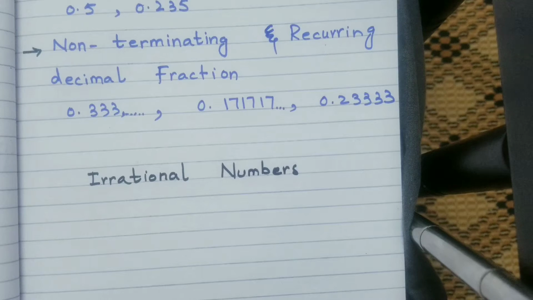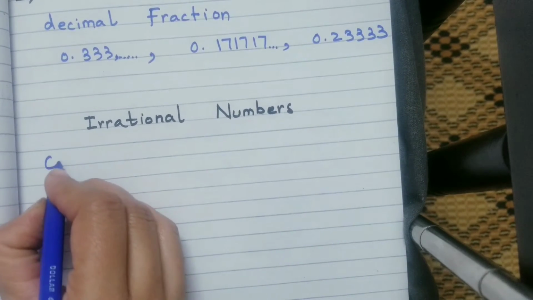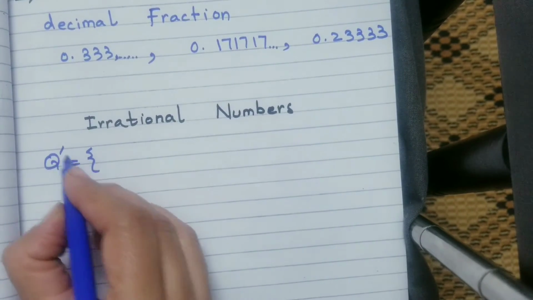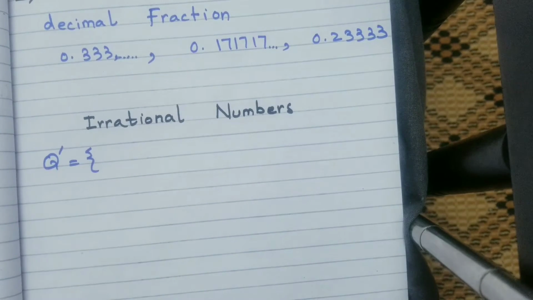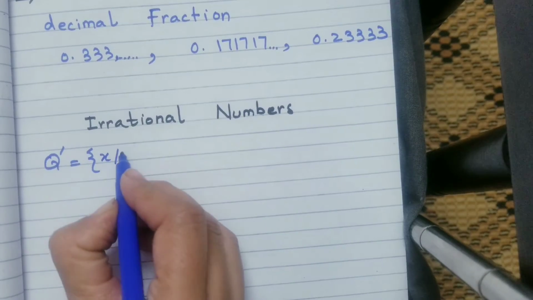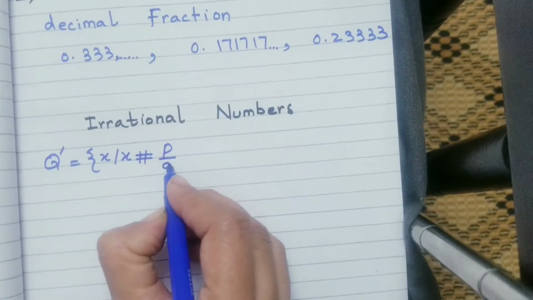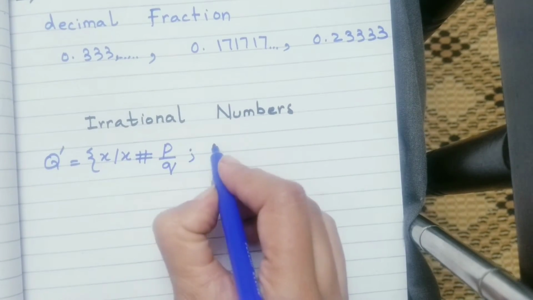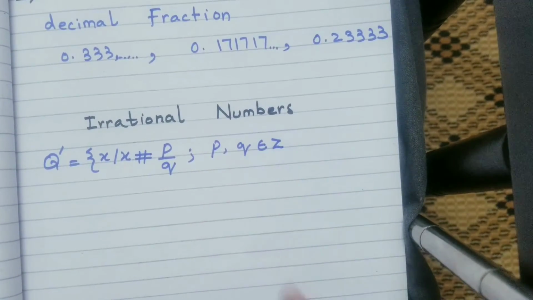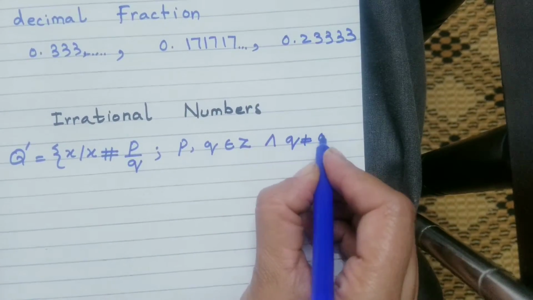And how do we define the set of irrational numbers? Irrational numbers are those numbers which do not have the p over q form, as p and q belong to the set of integers, and q is not equal to 0.